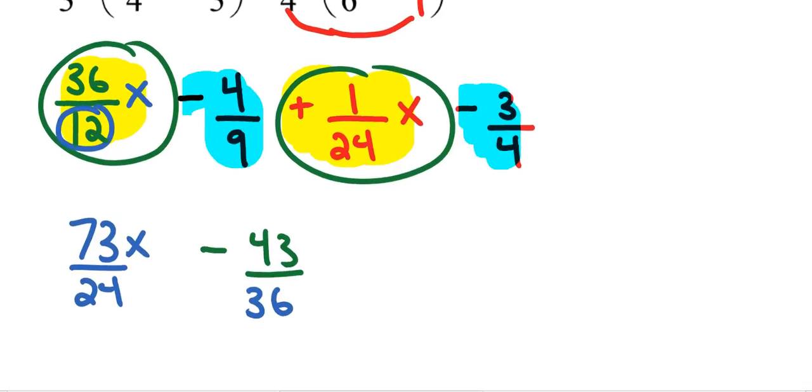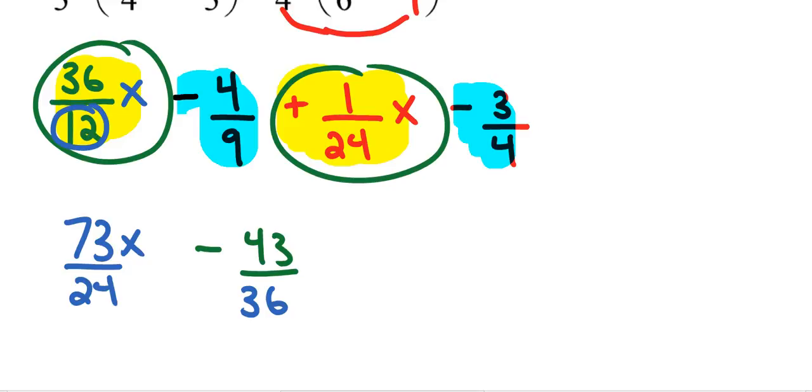Okay, so in order to get that answer there, all you have to do is, negative 4 over 9 minus 3 over 4. Make sure you have the same common denominator, which is going to be 36 in this case.